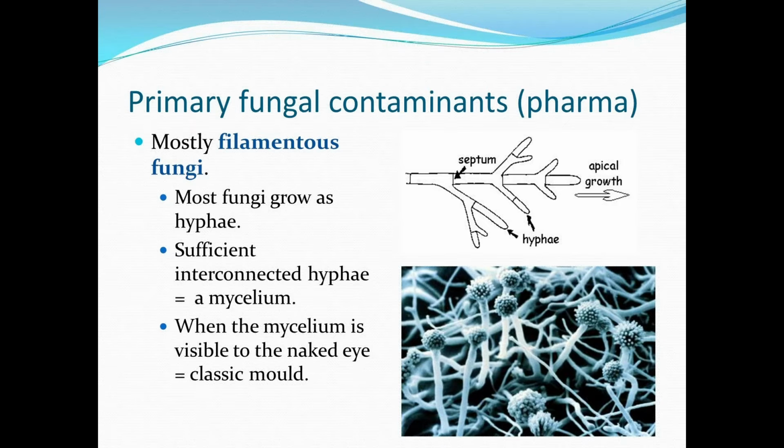Even within the same species, the spores can vary. So fungi can have a narrow range of spore sizes, such as with Aspergillus niger, or a wide range of spore sizes, as might be found with some species of Penicillium.